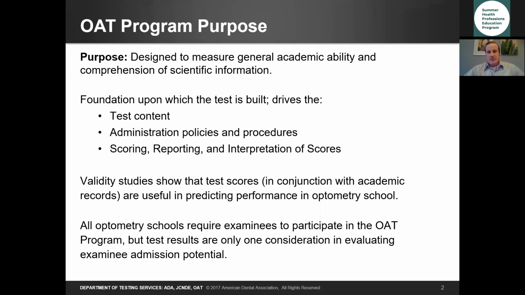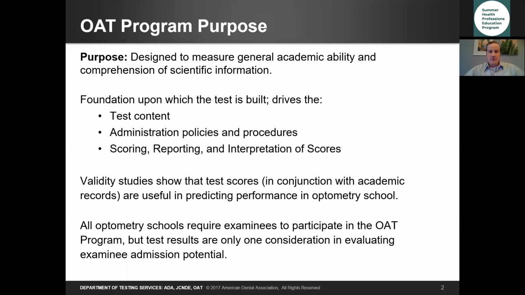In the case of the OAT, we want to make sure that the test content is measuring what we are purporting to measure in the different subject areas on the test, and that the scores reflect that as well, and that administration is standardized and secure so that the scores can be compared to each other across years, not just within one year.